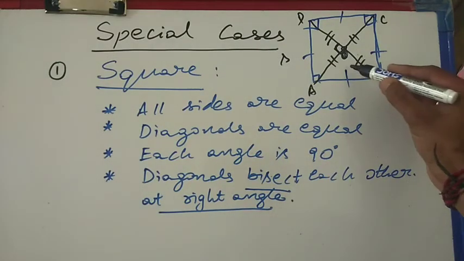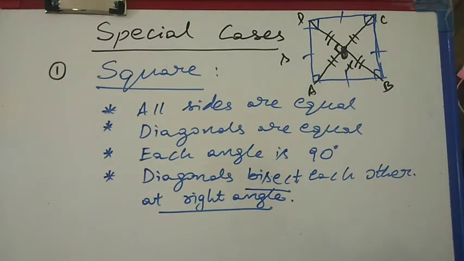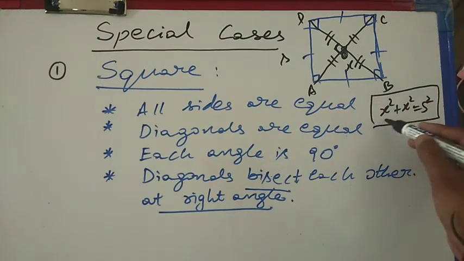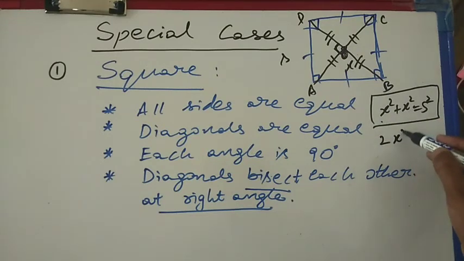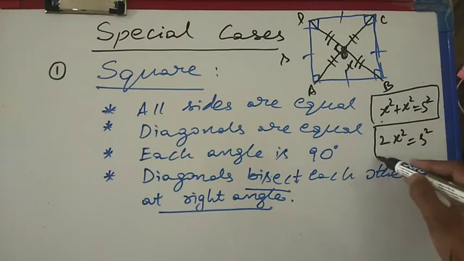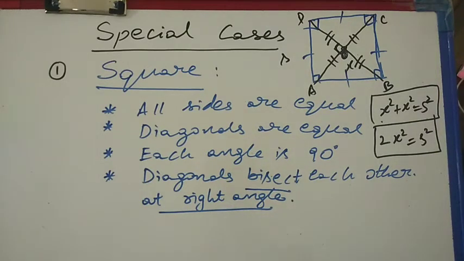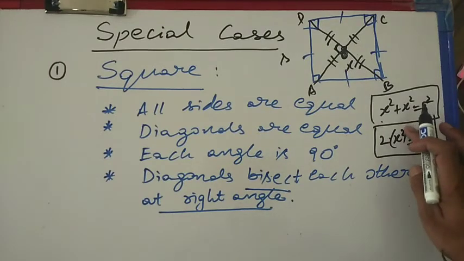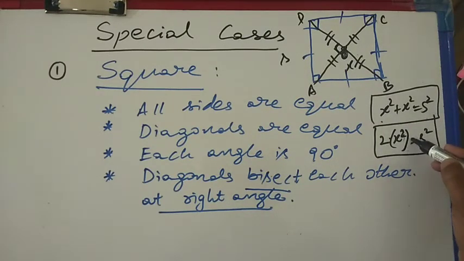Let us say half of the diagonal is x, then x square plus x square is equals to s square, you will have as the relation. That means x square plus x square becomes 2x square equals to side square is the relation. So, 2 into x square it is, not 2x whole square, it is 2 into x square. So, 2 into x square is equals to side square. So, this is the relation. So, this is one of the special type of quadrilateral.